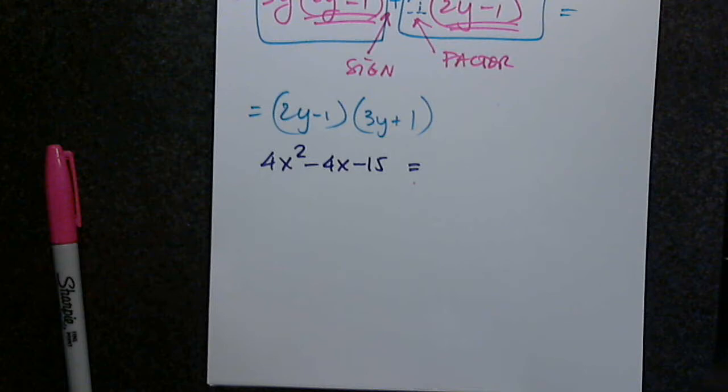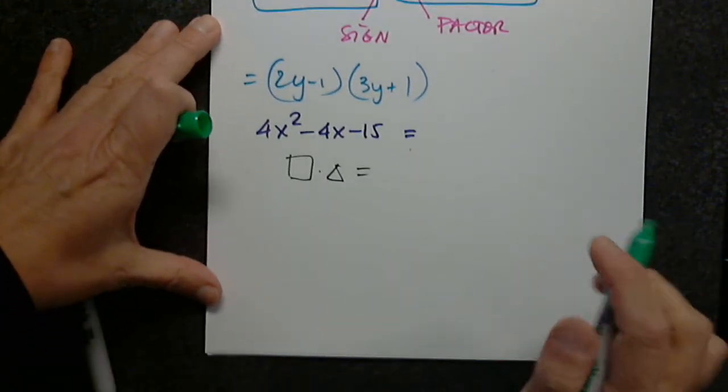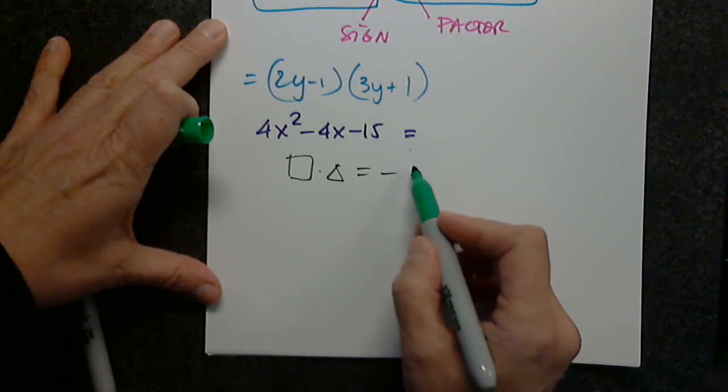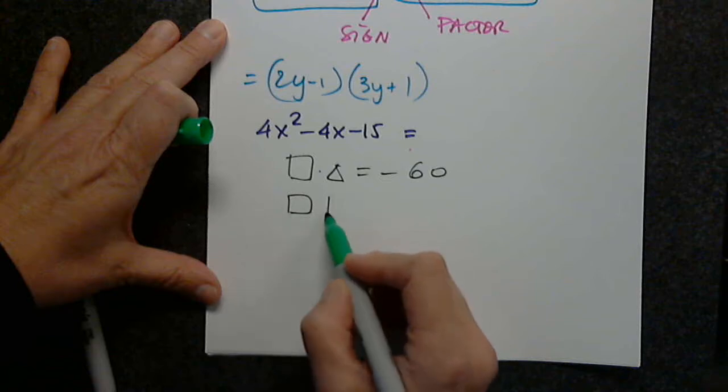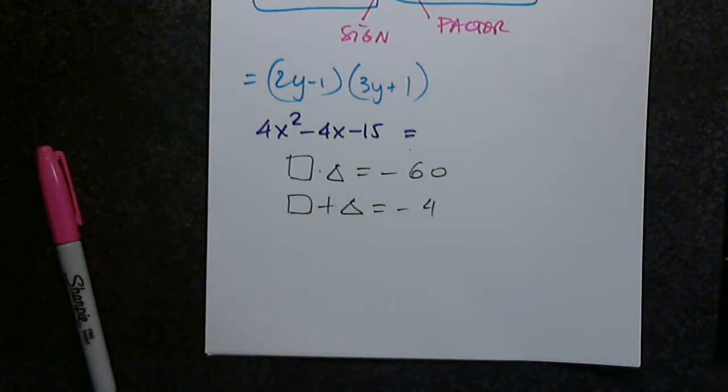Okay, perfect. So then I'm looking for two numbers whose product is -60, and whose sum is -4. Since the product is negative, I'm expecting a positive and a negative number.